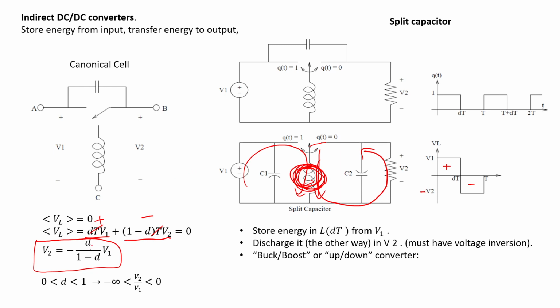Because if d is close to 0, you have 0 in the numerator and 1 in the denominator. But if you choose d close to 1, you have 1 in the numerator and you have 0 in the denominator. So this ratio can be taken from 0 to infinity. To be precise, minus infinity to 0. Because we have the inversion.